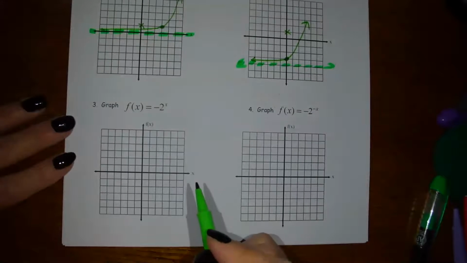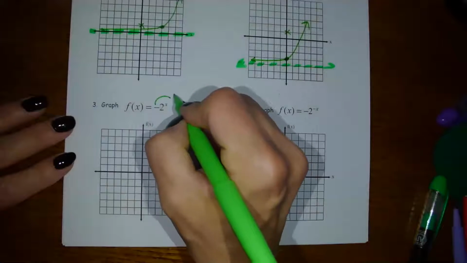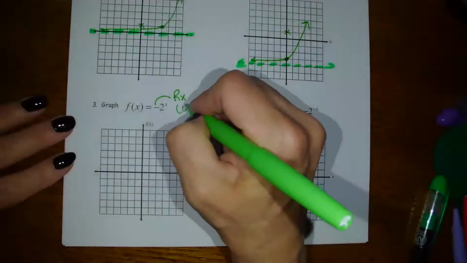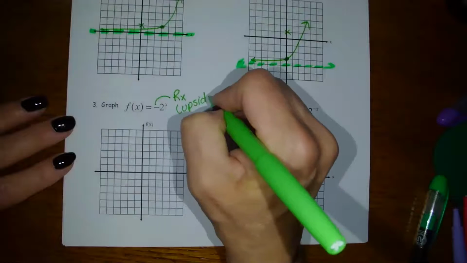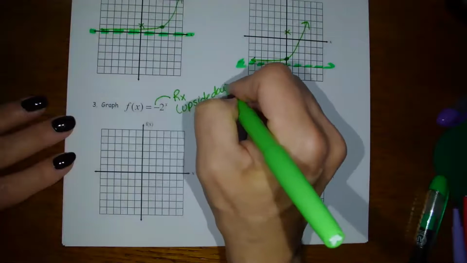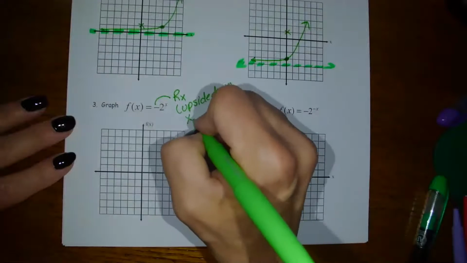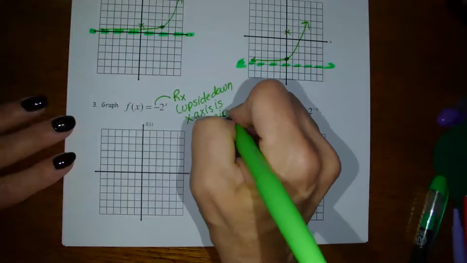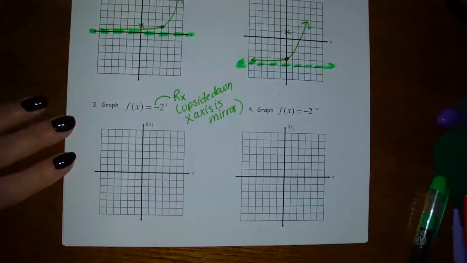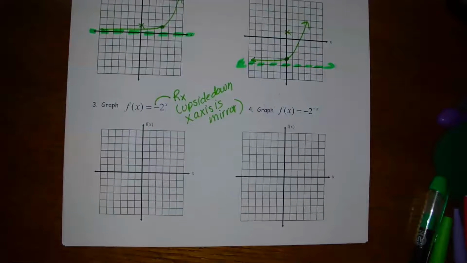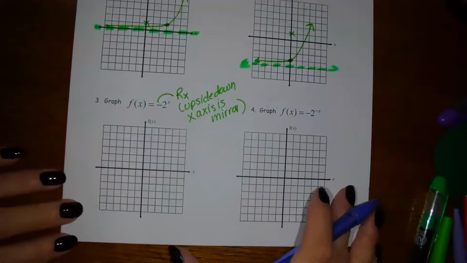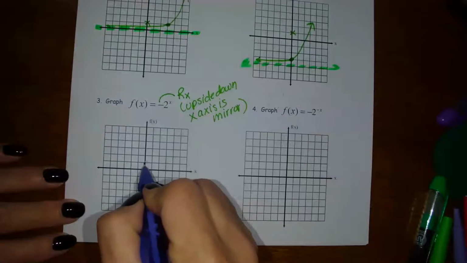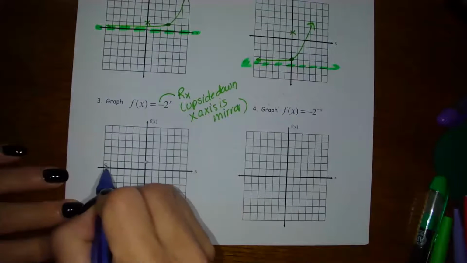Okay, a negative out here. That's a reflection in the x-axis. What's the outcome of that? We're upside down. Or if you want to think about it, x-axis is the mirror, right? I'm going to draw in the parent for this one because I want you to be able to see a mirror image. Sliding back and forth is easy. We just count, but I'm going to do this one in gray so it's nice and light.